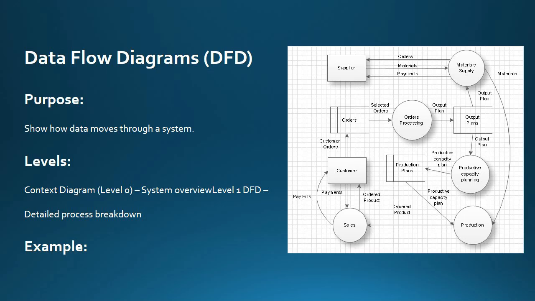Level 1, breaks down major processes into sub-processes for deeper understanding. BAs use DFDs to visualize system boundaries, identify data inputs/outputs, analyze how business data is processed across modules. This diagram type is especially useful when working with data-centric systems or database-driven applications.